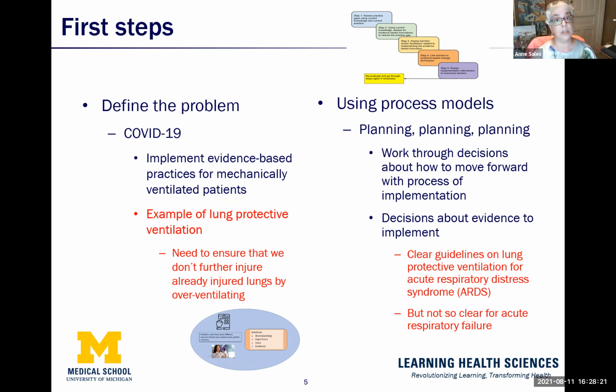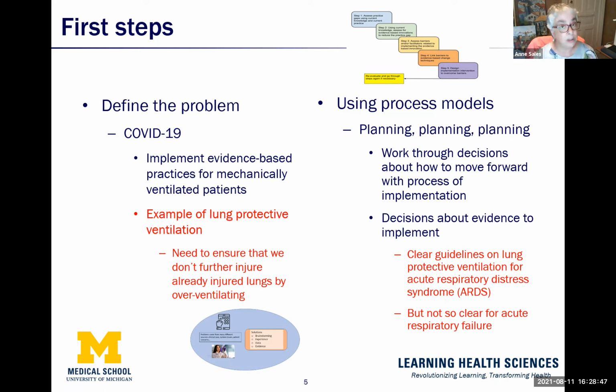Because you're using a machine to breathe for the individual, the machine's settings actually dictate how much the lungs expand. When they expand too much, they can be injured. So it's really important that when you set ventilator settings, they are set so that lung injury will not occur. And the problem here is that many times those settings are not carefully enough assessed.